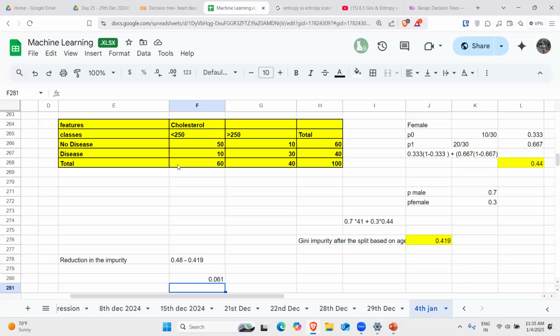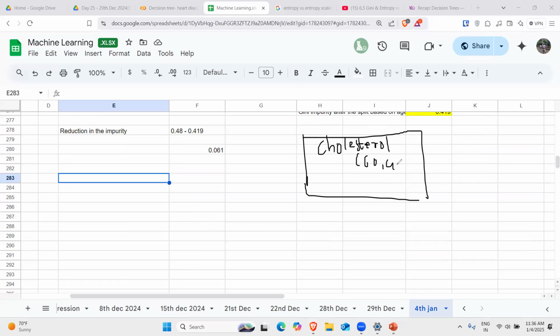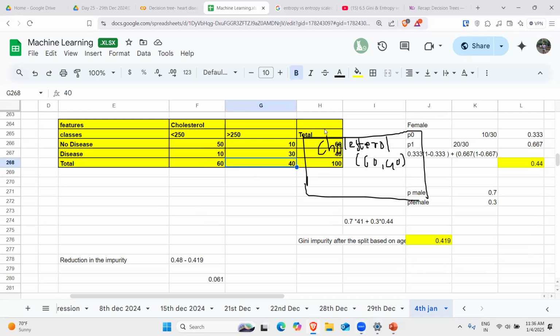Now, same thing we can do for cholesterol, right? I'll just quickly write down over here. This is based on cholesterol. It is 60, 40. You can see over here, we have 60, 40, right?